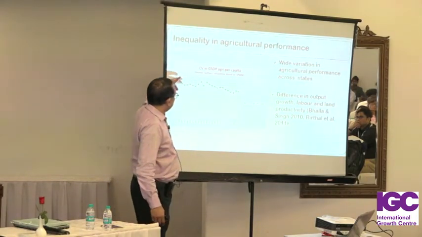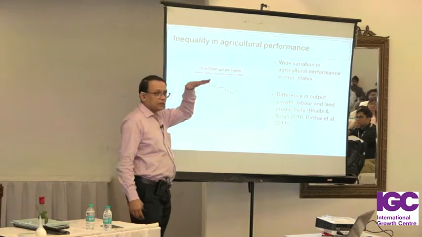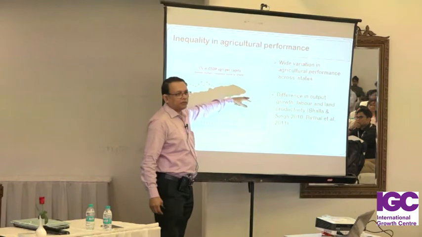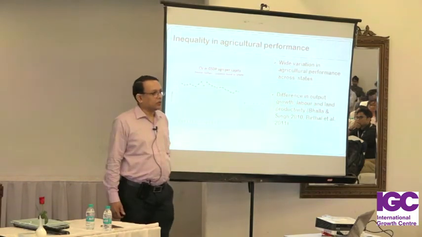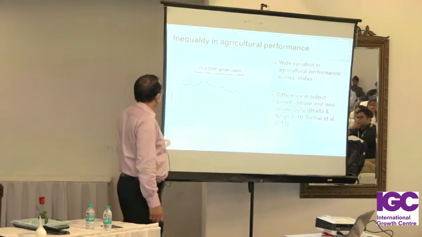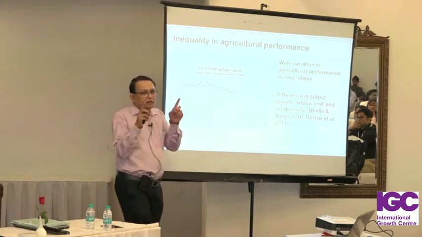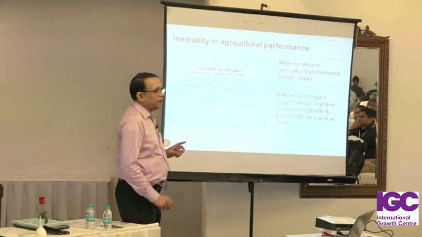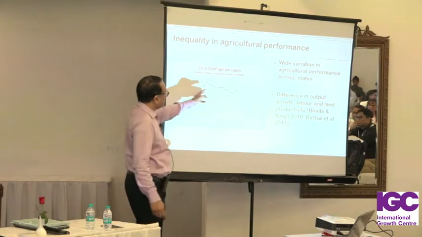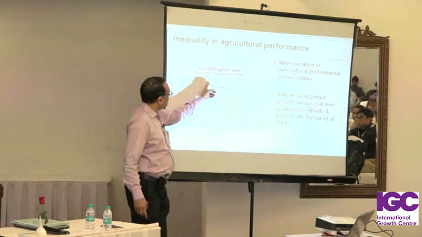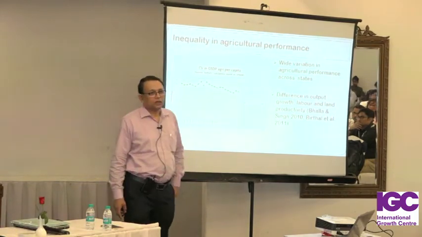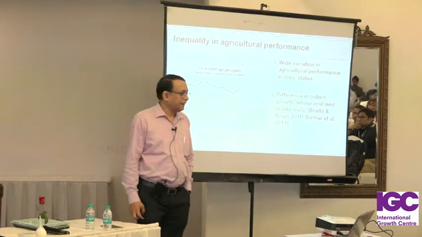It ranged between 40 and 45 in the early 90s, and there's some evidence of a decline in the 2000s, meaning there is some kind of narrowing of the gap. From about 40%, you can see clearly that it has come down to about 35%.